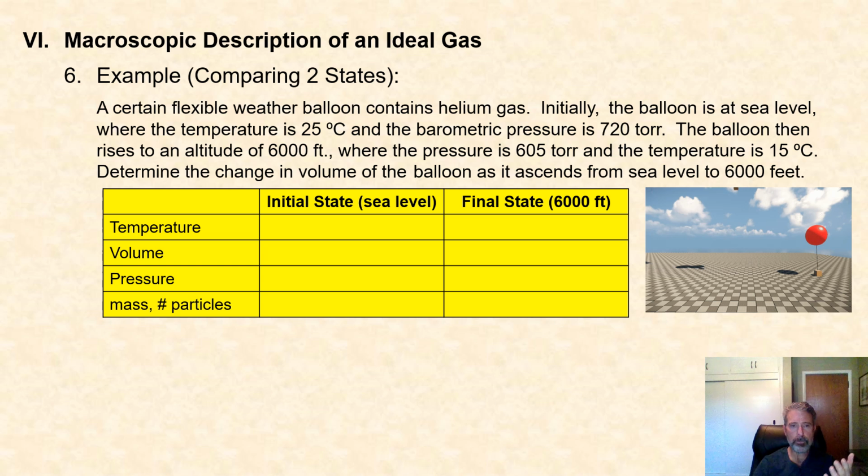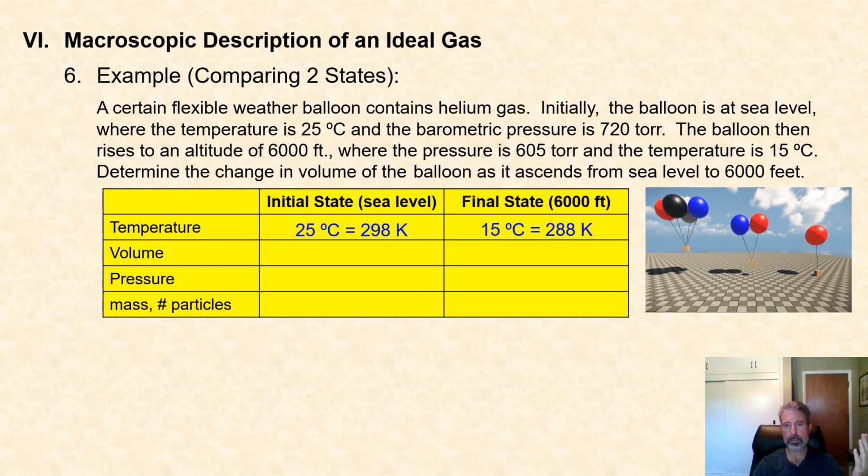We have to read through the problem and pay attention to units as always. At sea level, the temperature starts out at 25 degrees Celsius. We have to convert that to Kelvin. But at a height of 6,000 feet, the temperature drops 10 degrees Celsius and 10 degrees Kelvin, from 298 to 288.